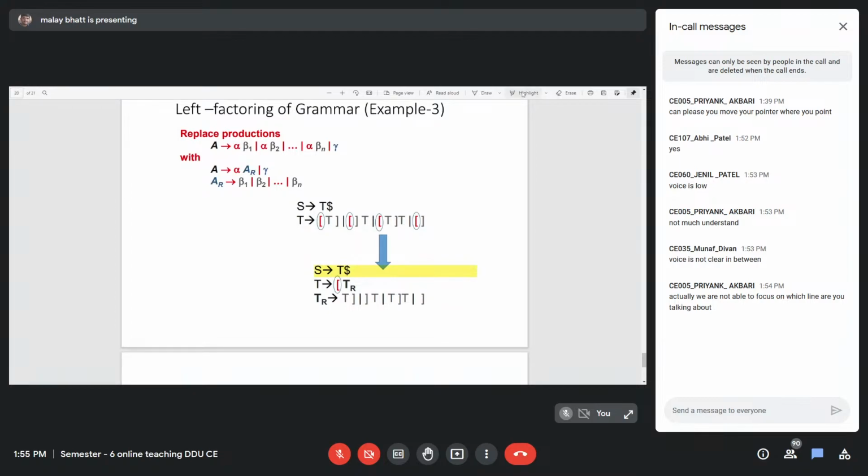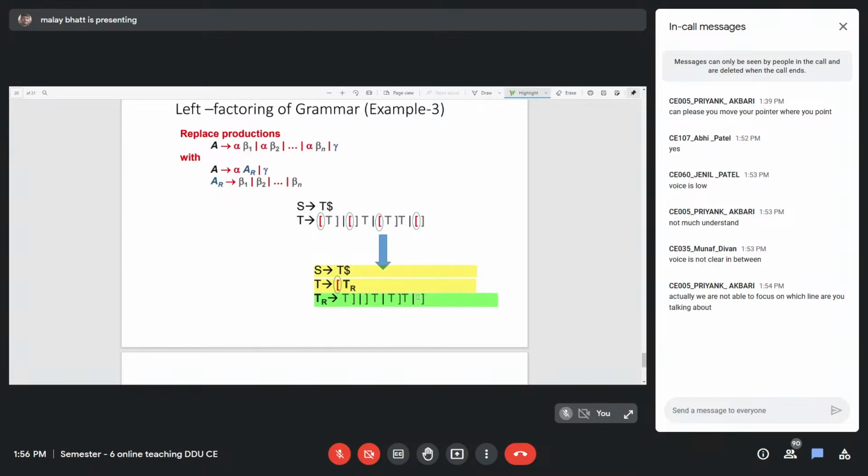Now we'll take T gives opening bracket TR because opening bracket is common. And for TR, we have the remaining portion: beta 1, T closing bracket, or beta 2, closing bracket T, or beta 3, T closing bracket T, or beta 4, that is closing bracket.